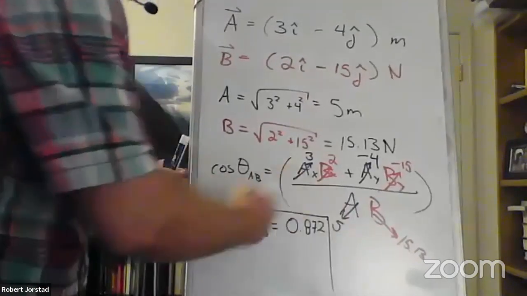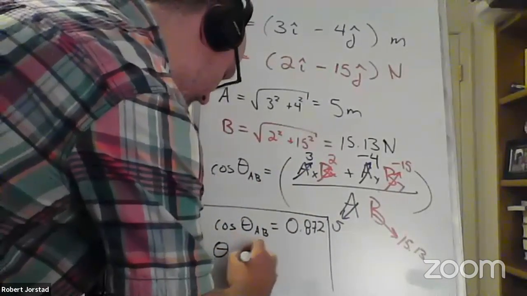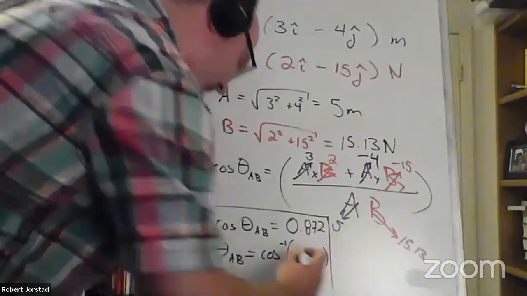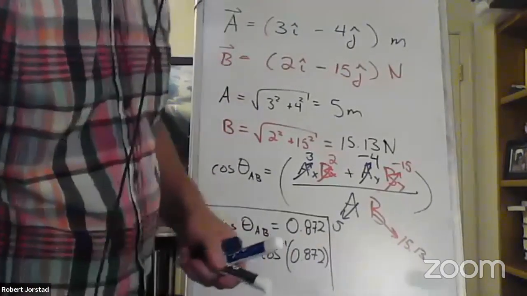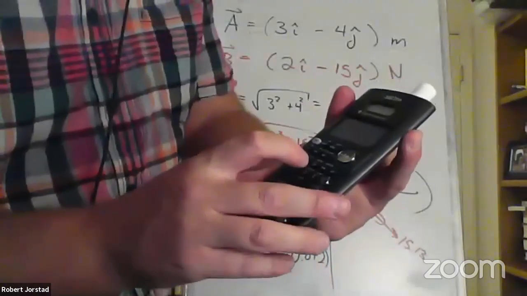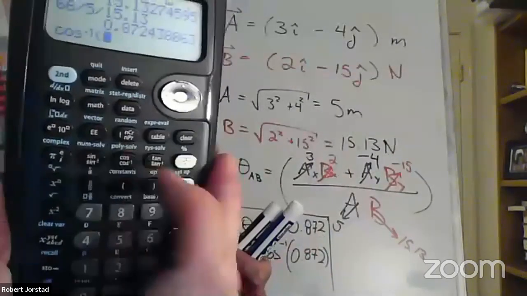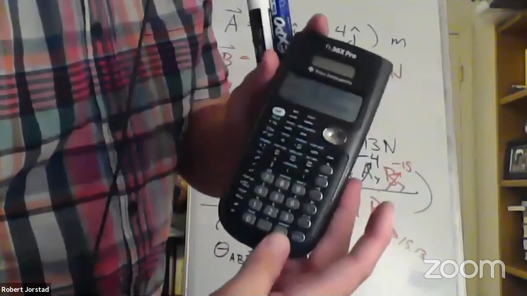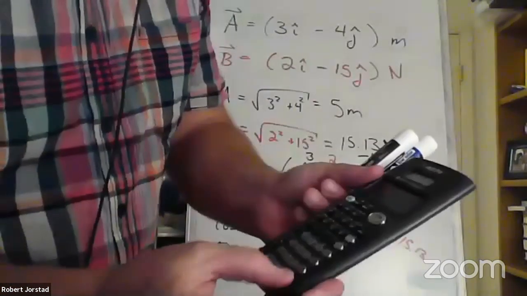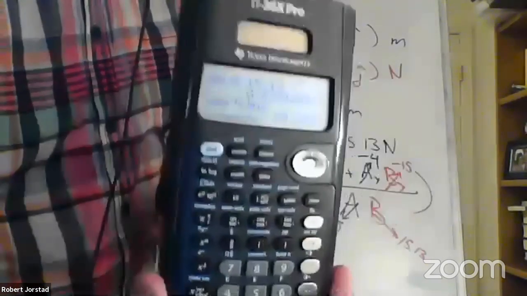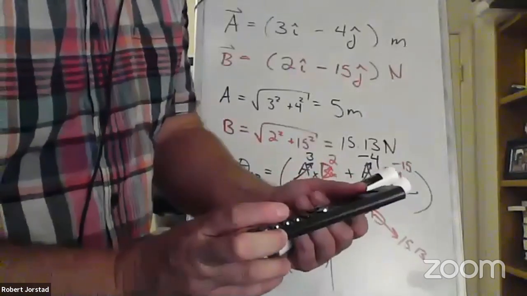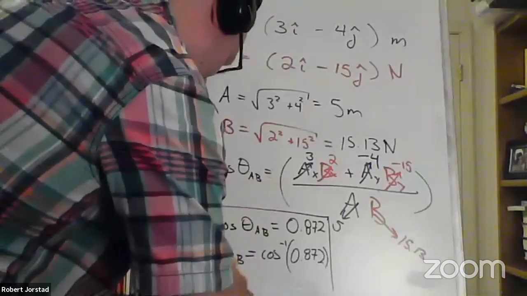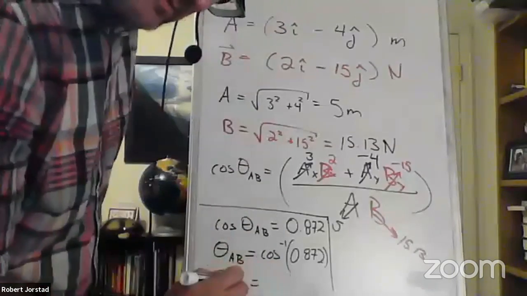And now I'm going to take the cosine inverse of this side. I only wrote 0.872, but if I'm careful in my calculator, I just hit cosine inverse and then type in the answer. That's 29.2, so about 29.3-ish.